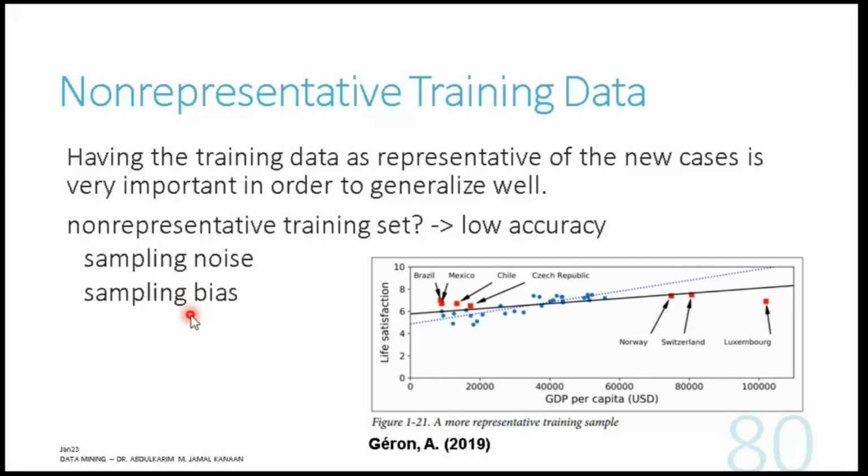Non-representative training data is another problem. If you don't have a representative data set, let's say I'm trying to predict the age of a student, or maybe the performance mark, the final exam mark for a student. But instead of taking all your data, I selected a few samples from your data set, okay?